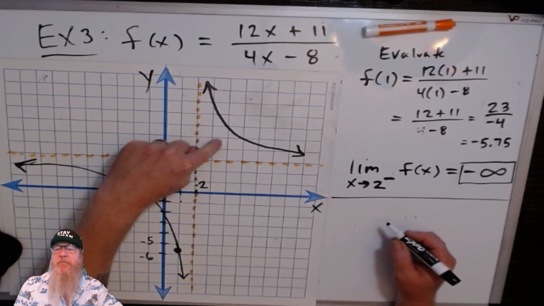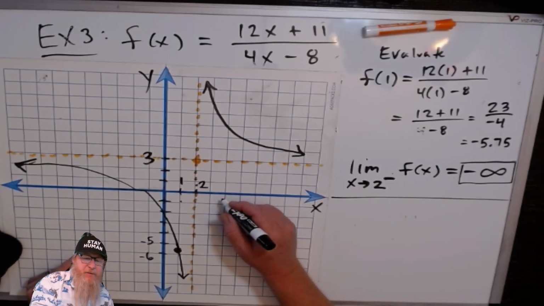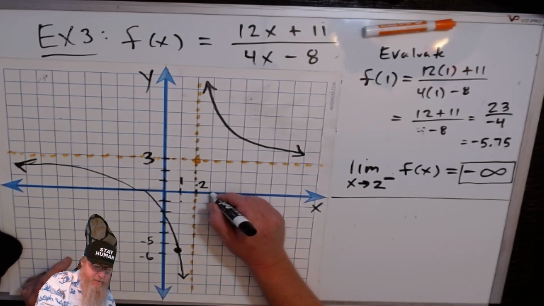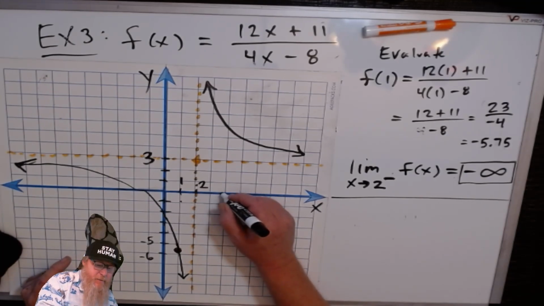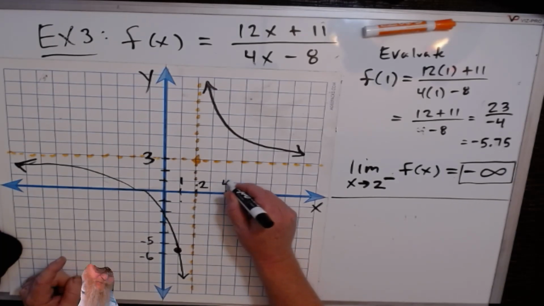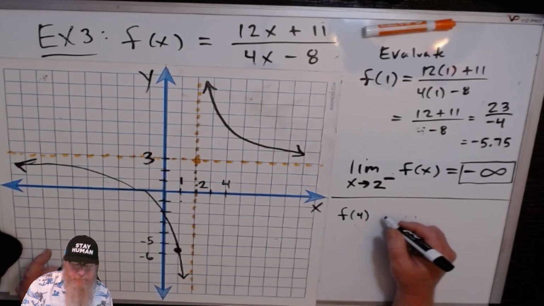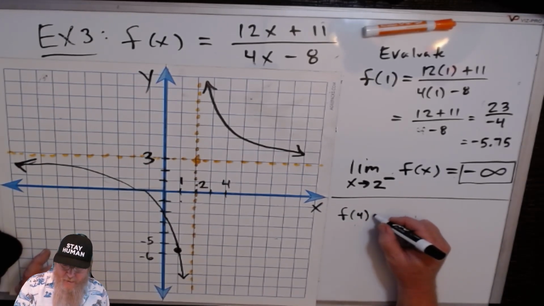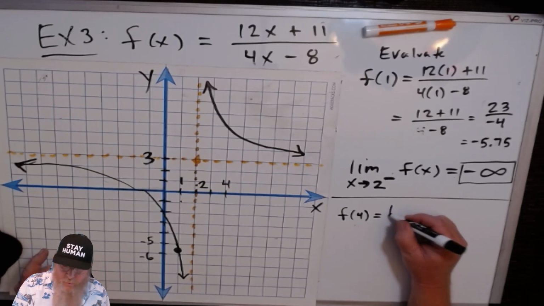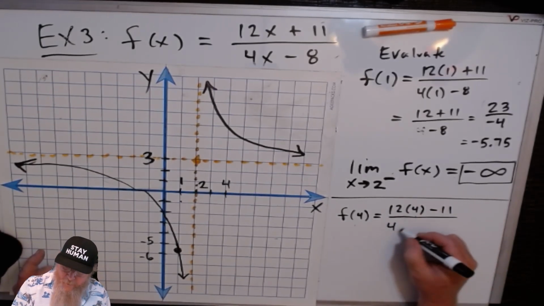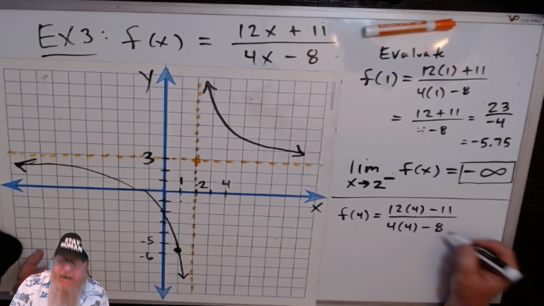I will plot another point, though, just for fun. I just want to confirm that that's true. Let's do 3 or 4. I don't know. I'm going to do 4. What the hell? So I'm going to get 12 times 4 plus 11 over 4 times 4 minus 8.